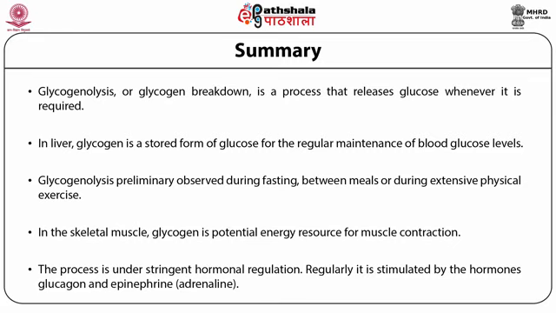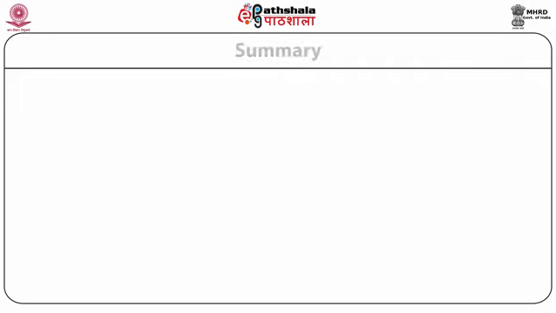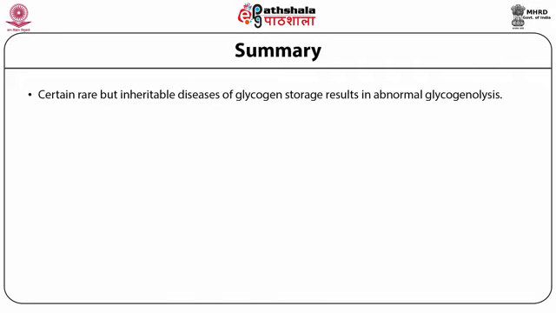Insulin decreases blood glucose while glucagon increases it. So it is the adrenaline released during the flight response of our body that is responsible for glycogenolysis.